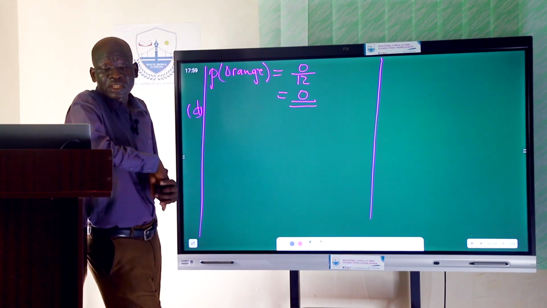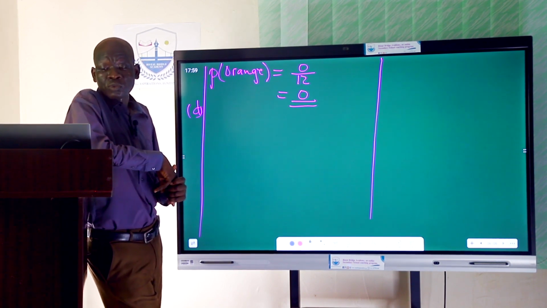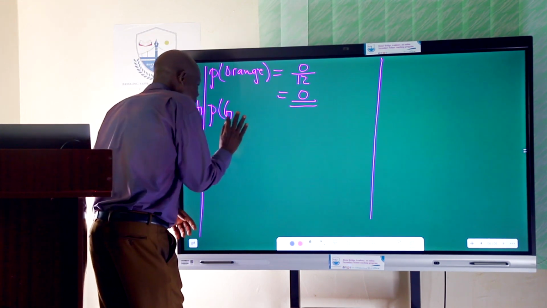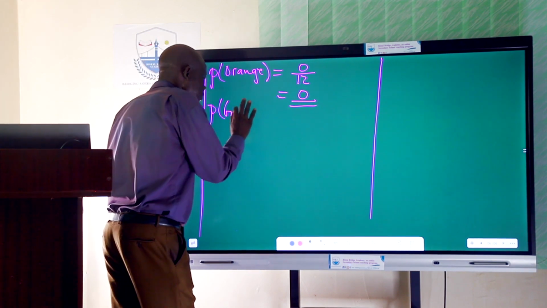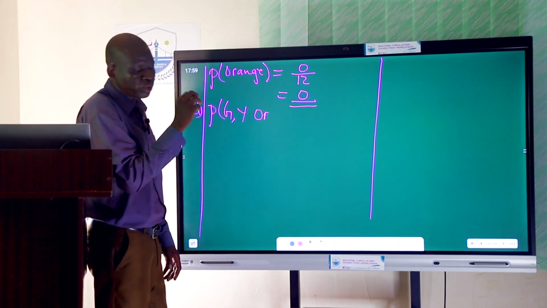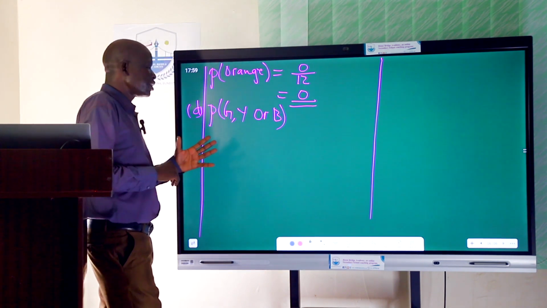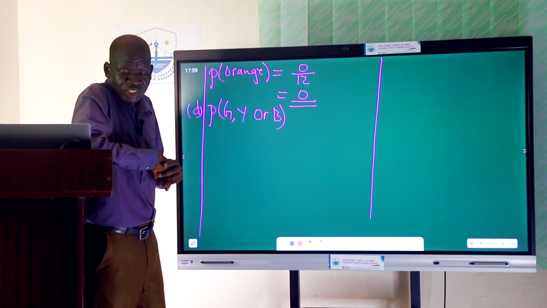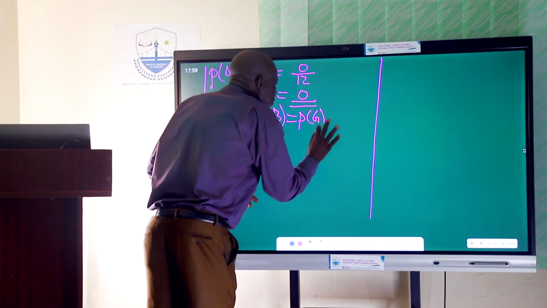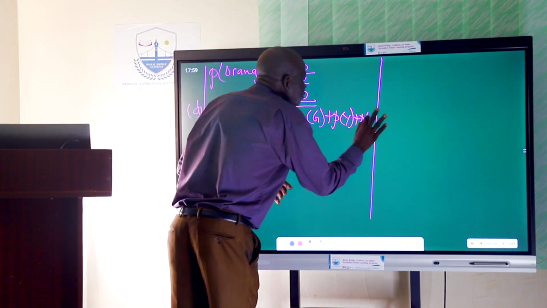They want us to find the probability of getting a green, yellow, or blue ticket. We remember we said that the word "or" means addition. So this is the same as probability of getting green plus probability of getting yellow plus probability of getting blue.